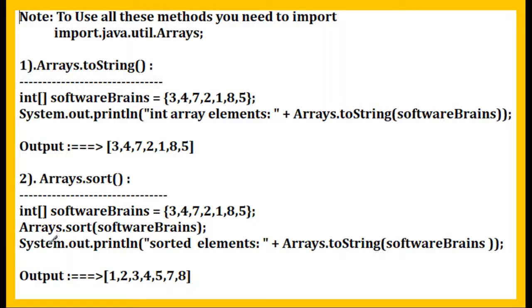So I am simply using Arrays.sort, passing my array to it. If I print my whole array using the previous concept Arrays.toString of my array, then it would definitely print the list in ascending order. So this is very useful when you want to sort your array.